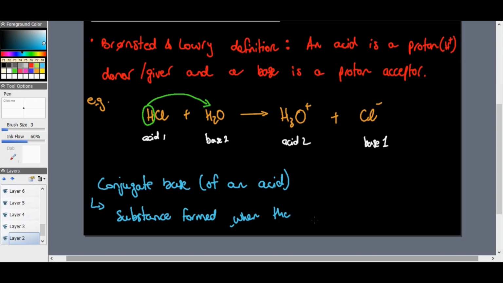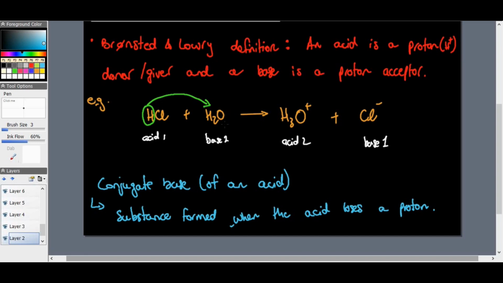So the conjugate base of an acid, sorry, I've got my terms mixed up, but let me just finish this anyway since I started it: the conjugate base of an acid is the substance formed when the acid loses a proton, one proton in this case. It's called the conjugate base. But then there's another one, which is the conjugate acid. The conjugate acid is formed when the base gains a proton.